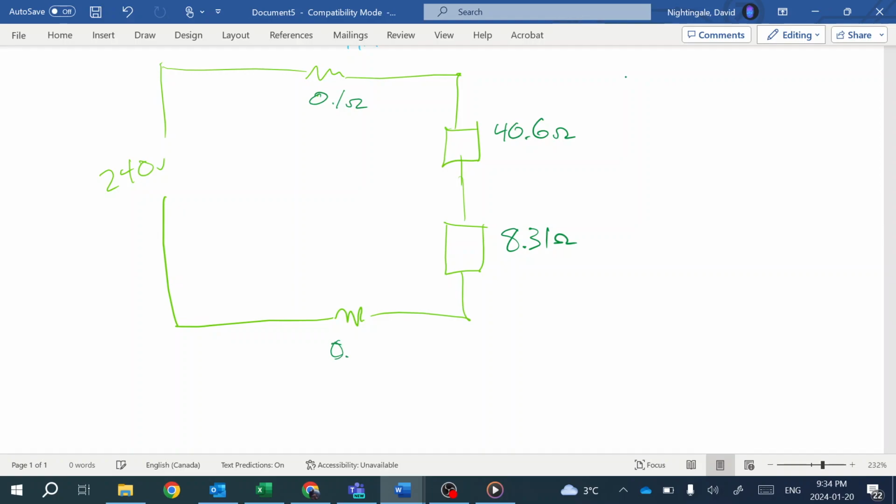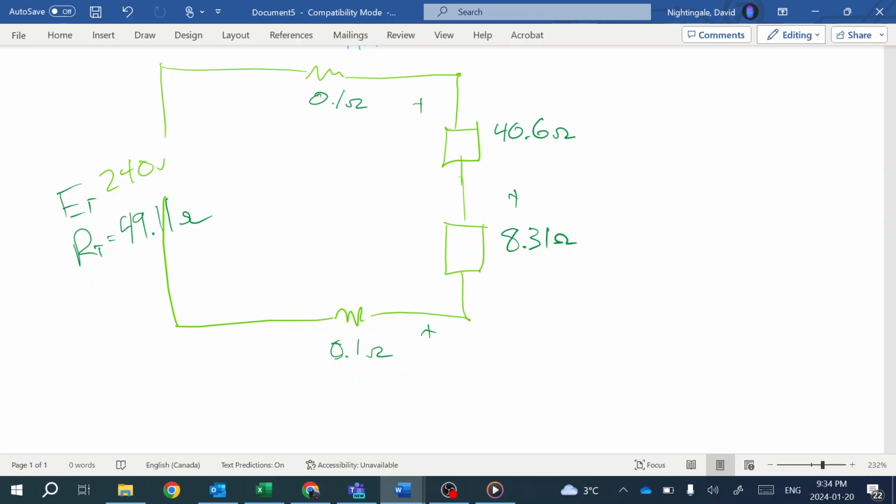So now what we're dealing with here is essentially a simple series circuit. So R total can be calculated by simply adding up all the resistors. So 0.1 plus 40.6 plus 8.31 plus 0.1 would give us a total resistance of 49.11 ohms.